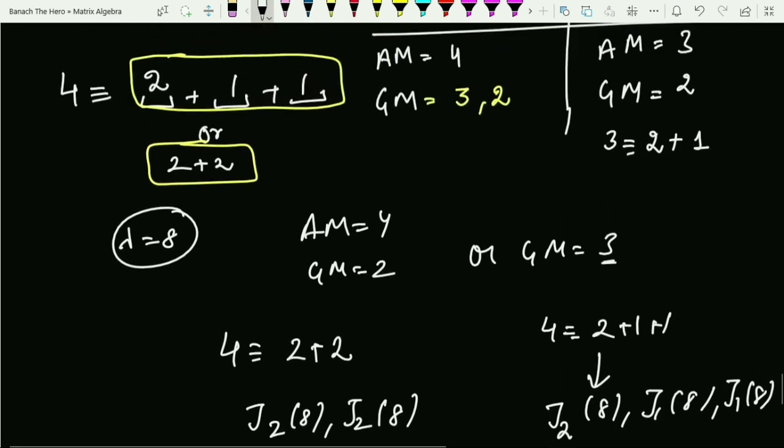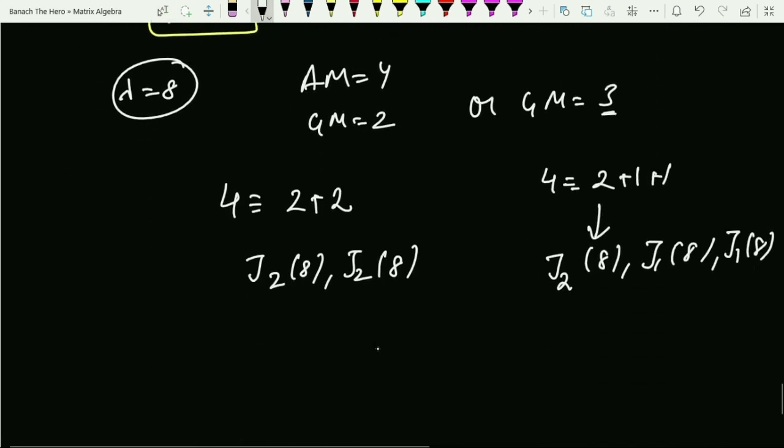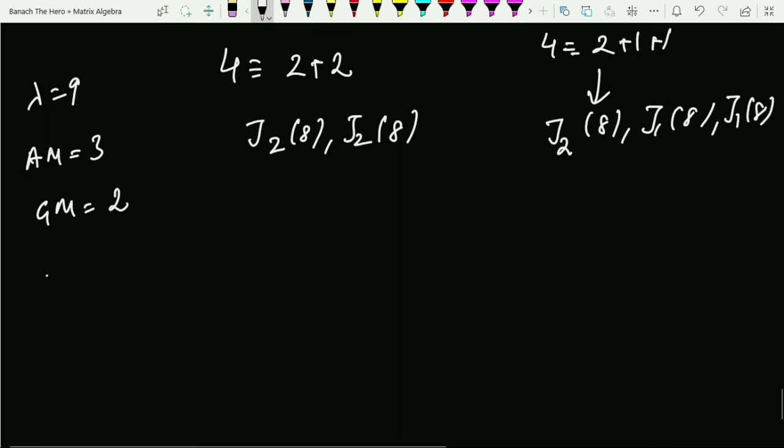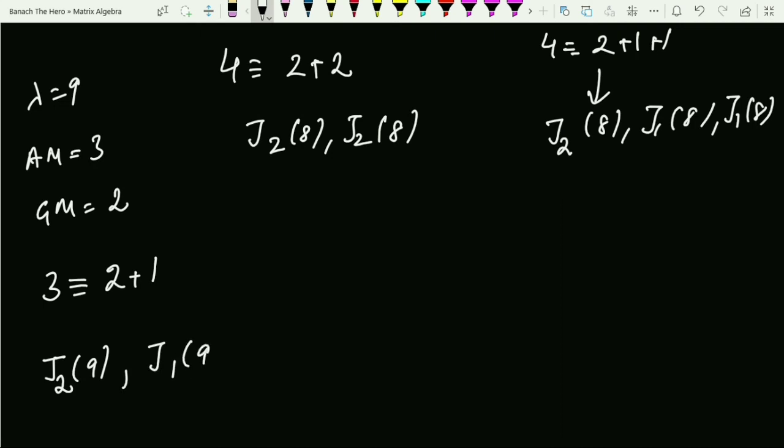Now corresponding to lambda equals 9, we have seen the AM is 3 and the GM was 2, so you have to make partitions of 3 split into two parts, that is 2 plus 1. The Jordan blocks corresponding to this will be J2(9) and J1(9). Now let me consider the first case.